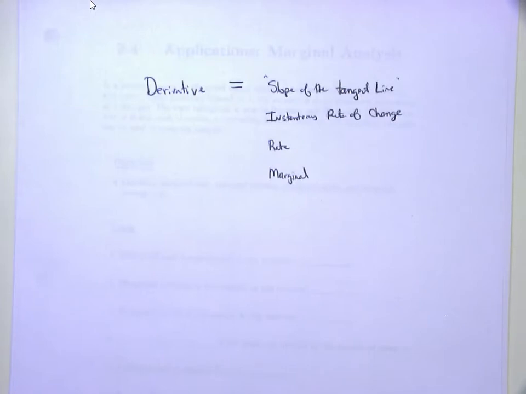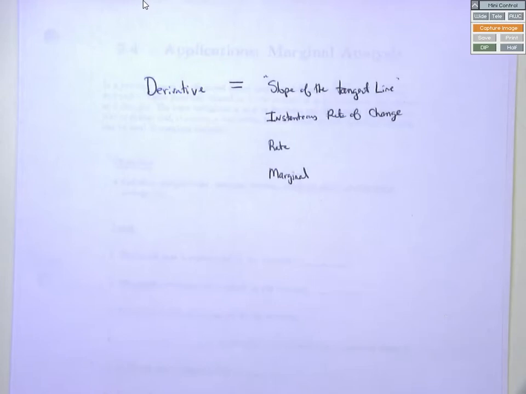Marginal cost, take the derivative of the cost function. Marginal revenue, take the derivative of the revenue function. Marginal means derivative, so it's one of the most important concepts to get down. When you're working in your business world and they're talking about marginal rates, that's the derivative of whatever function they're talking about. Marginal profit means taking the derivative of the profit function, okay?